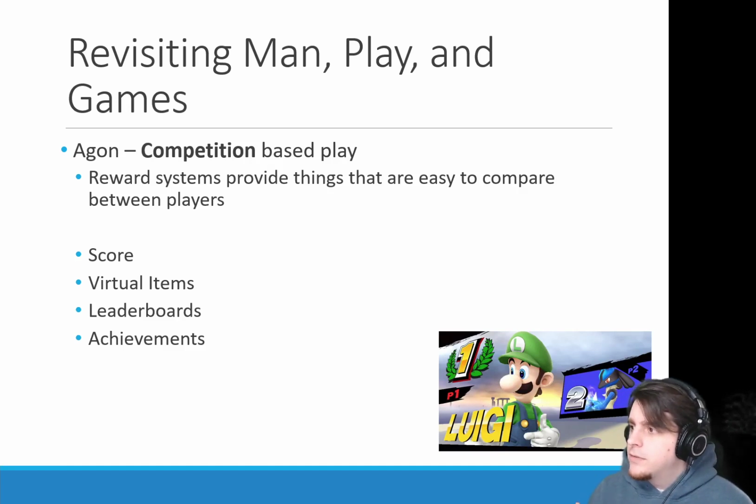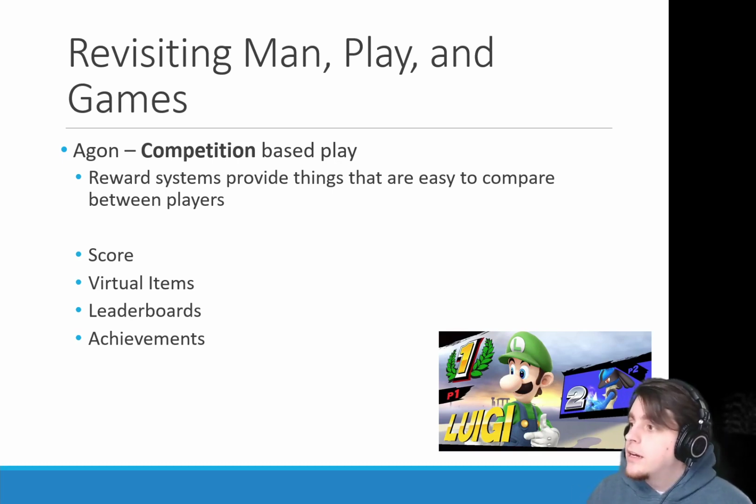Reward systems in competitive games are easily quantifiable. The reward systems in these kinds of games provide things that are easy to compare between players, or between players and some kind of standard. So the kinds of rewards that are relevant in this space are things like points and scores, virtual items that carry some kind of value, and then competing or comparing with other players, specifically things like leaderboards and achievements.